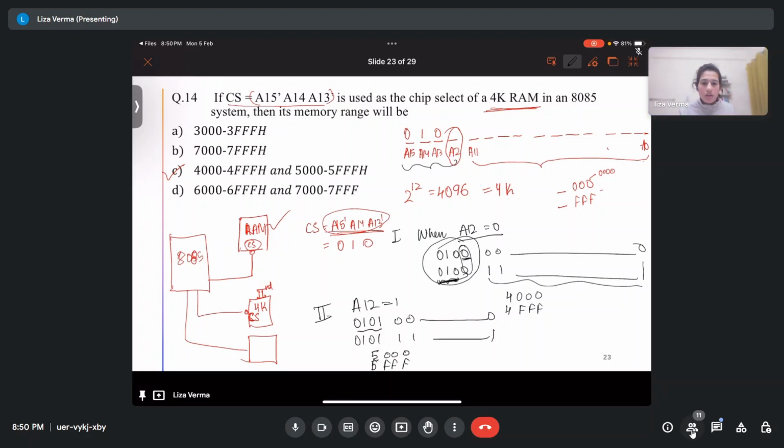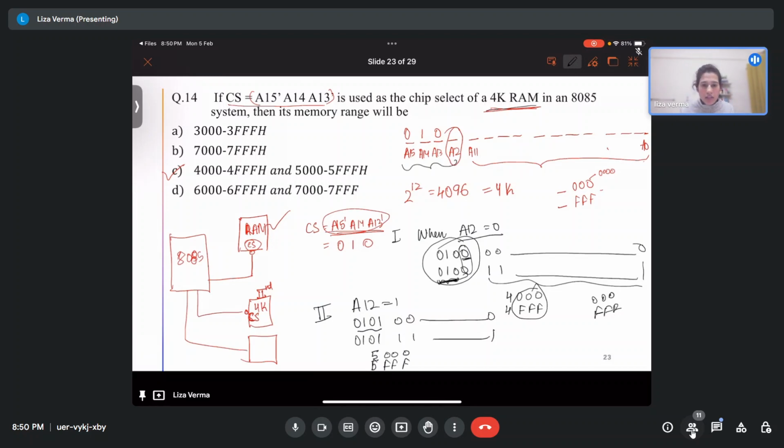Which means for the same memory locations, this 4K RAM cannot have more than these locations. It can go from 000 to FFF only. The same memory locations will be addressed depending on the value of A12.